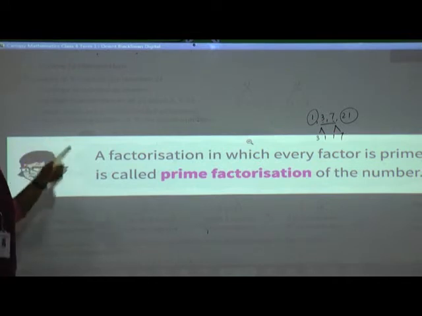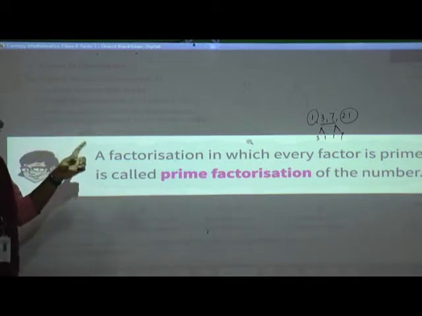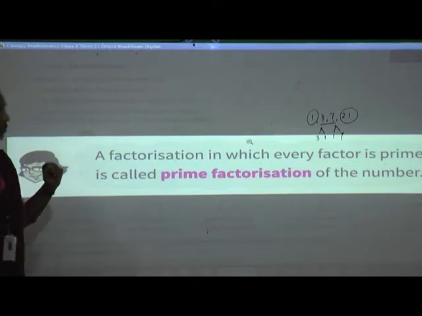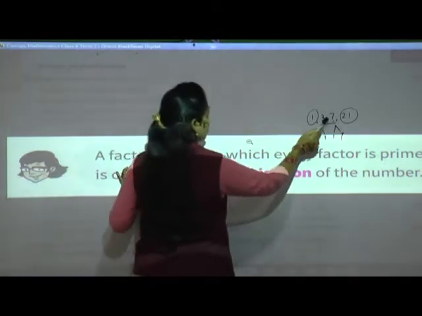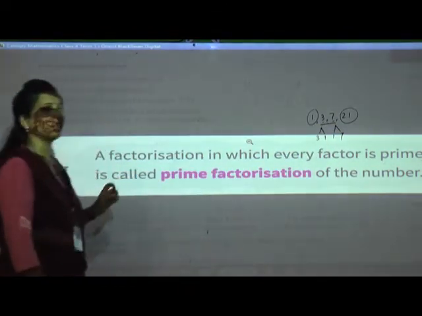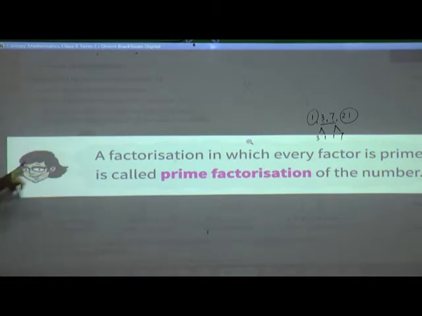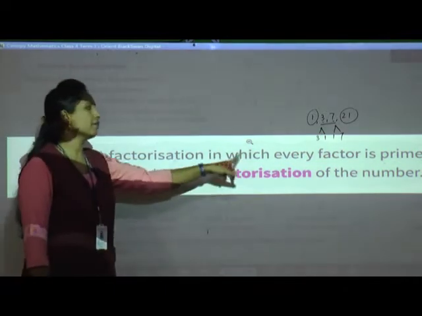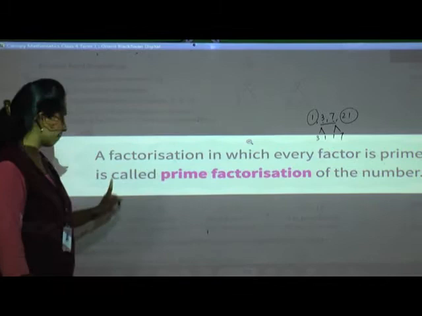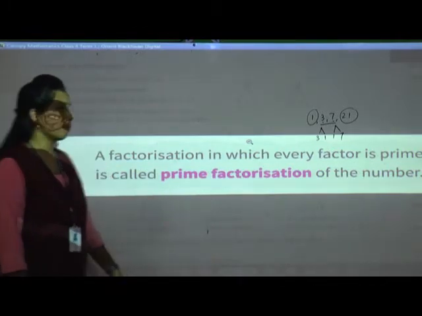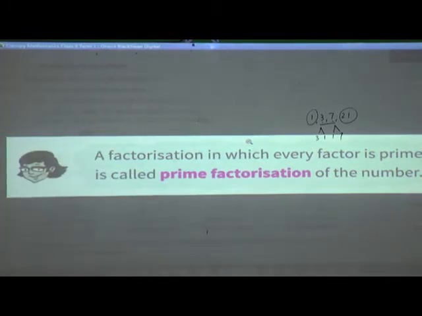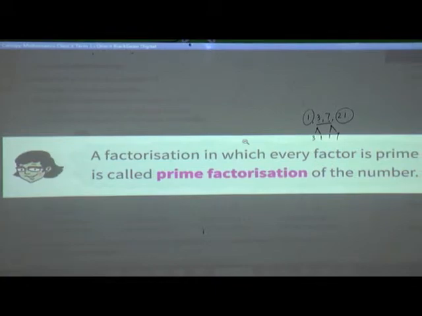Okay, now you have seen in the number 21 that the factors are 1, 3, 7 and 21. If I leave 1 and 21, what are the remaining numbers? 3 and 7. 3 and 7 is what? Prime numbers. So a factorization in which every factor is a prime is called prime factorization of the number. Understood?